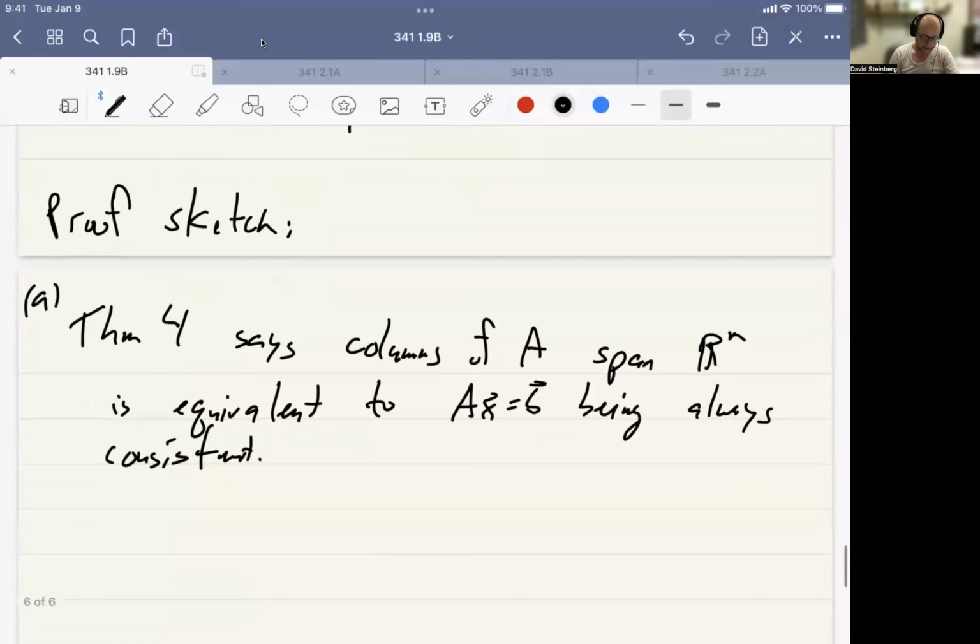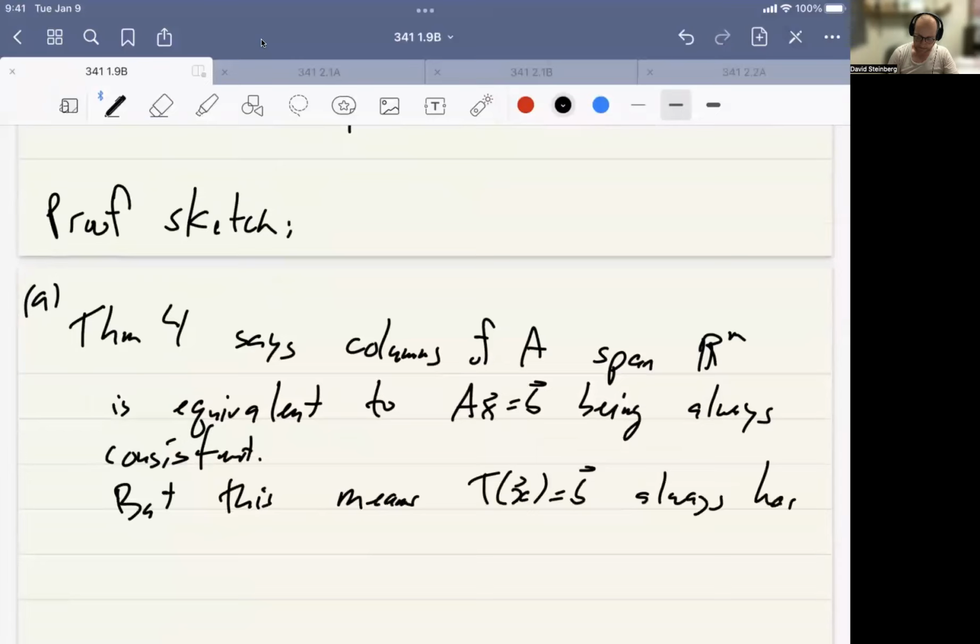But since T is represented by A, this means T of X equals B always has a solution. So T is onto.